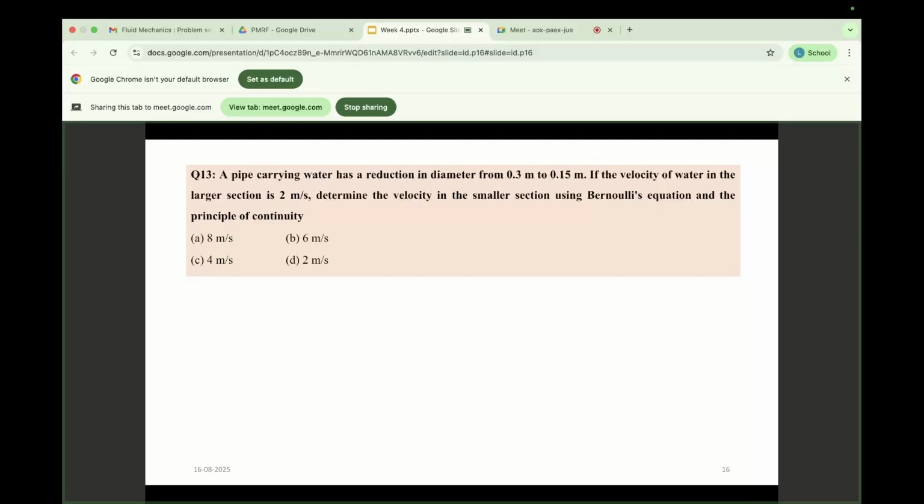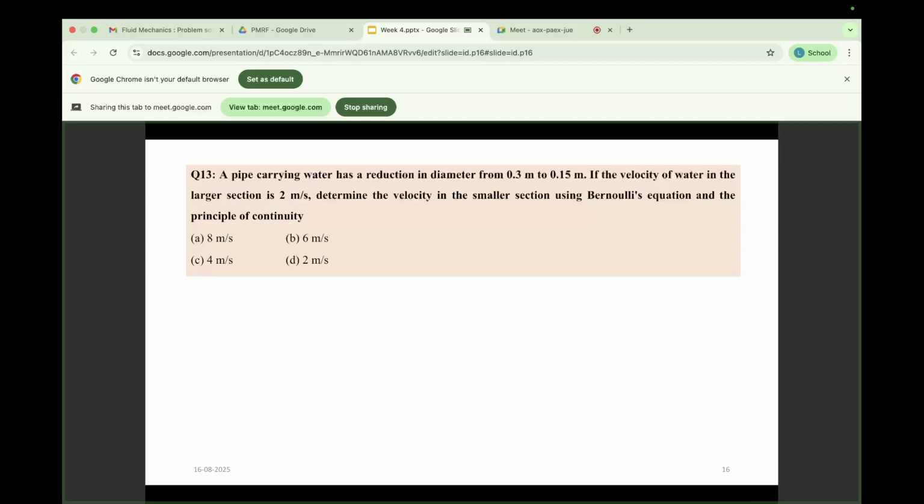An interesting point is that they mention that you need to apply both Bernoulli's equation and the principle of continuity equation. Now I think that you can answer. Even if it is not stated to apply Bernoulli's equation or the continuity equation, you still have to check. First check what is given, since a pipe is carrying water.